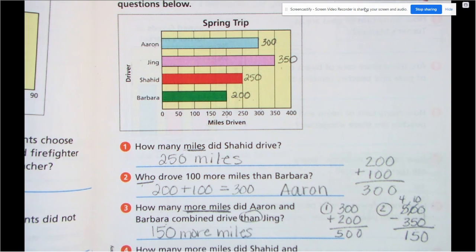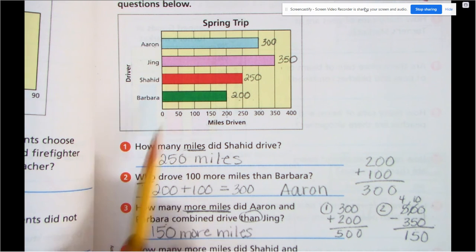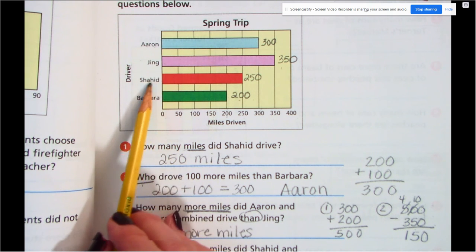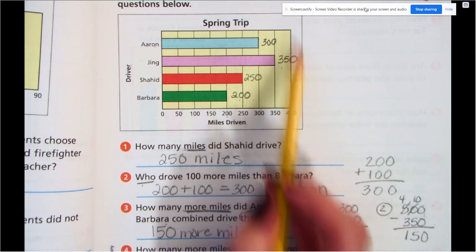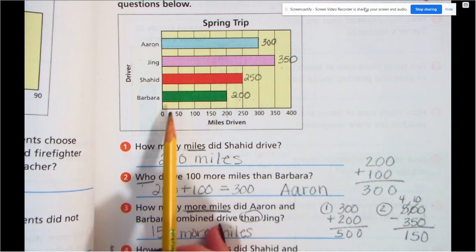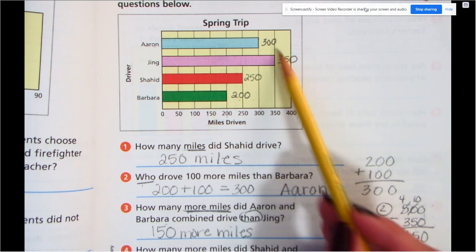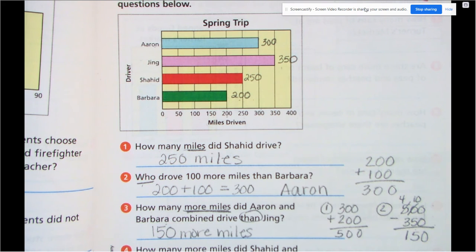You could be very specific about all these different people. I always think it's interesting to find out how many miles everyone drove all together on their spring trip. So I would add all these numbers together to solve that one.